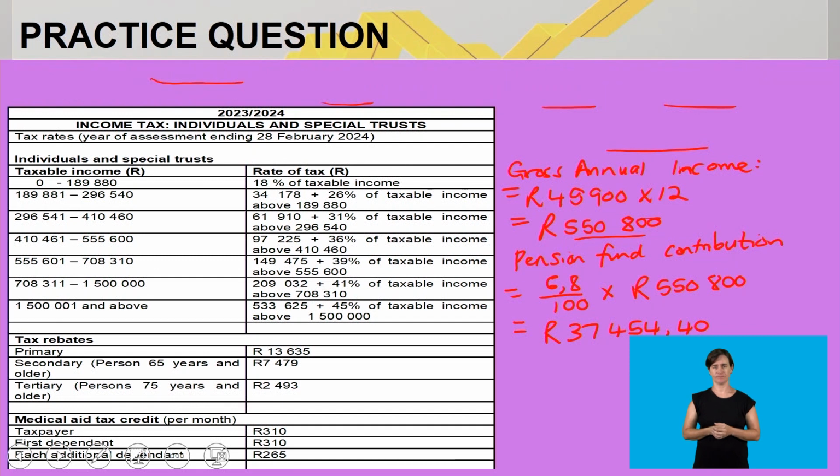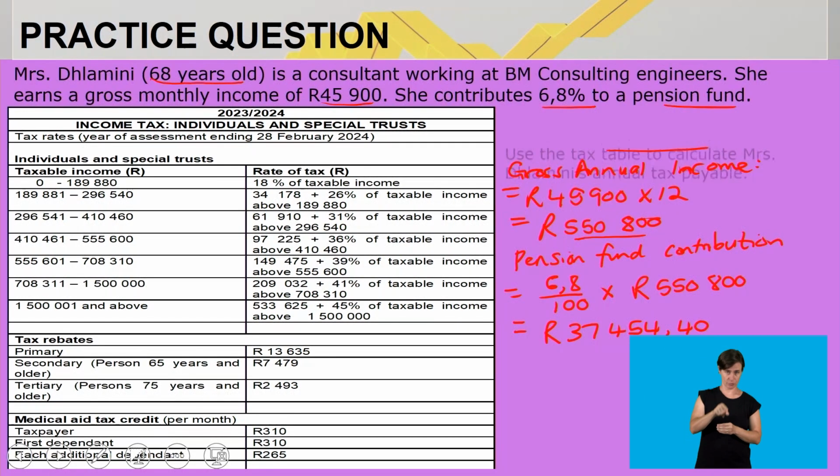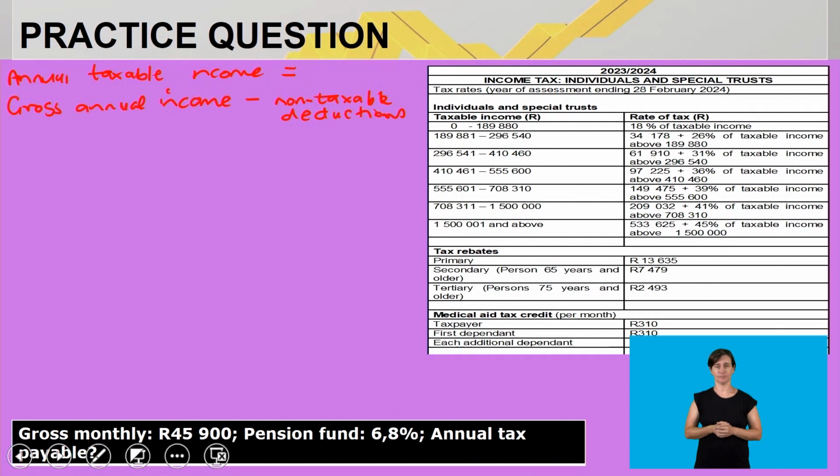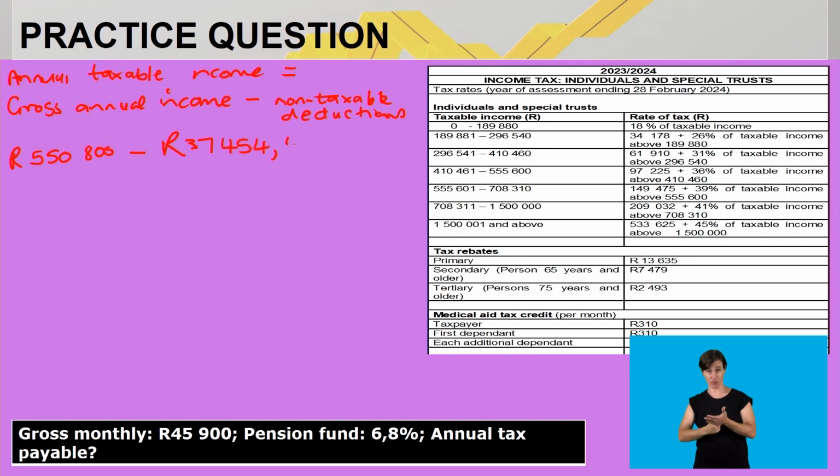So that will give me 550,800 Rand minus, and we've calculated the non-taxable deductions, that is 37,454 Rand and 40 cents. Now this will give us our annual taxable income, and thereafter we can calculate the annual tax payable. So let's quickly do this calculation.